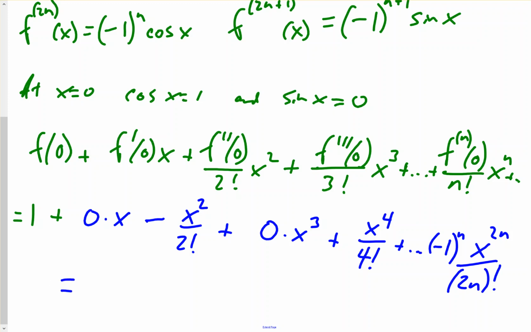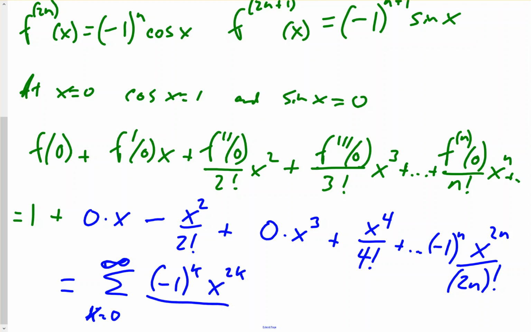Okay, so this would be the series: the sum from k equals 0 to infinity of negative 1 to the k power, x to the 2k over 2k factorial.